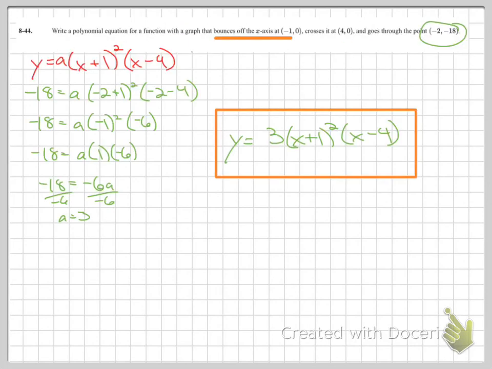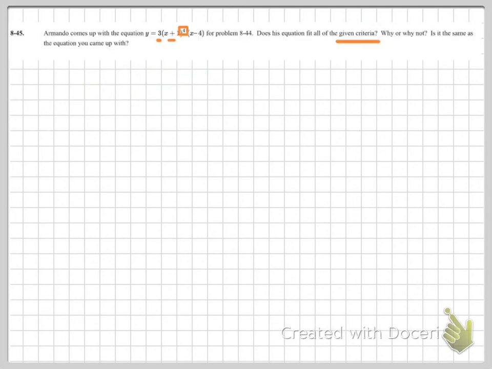What if 44 was a polynomial equation of degree 3 and the graph went through this point? So here's 44 again. We had degree 3, right? So we got that part set up correctly. So we're going to steal that part: A, x plus 1 squared, x minus 4. But now they give us a different point. So negative 36 equals a, x is 1. I need to go back just to make sure I wrote that down right.